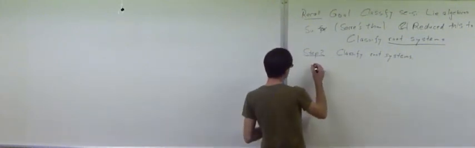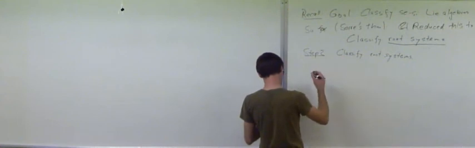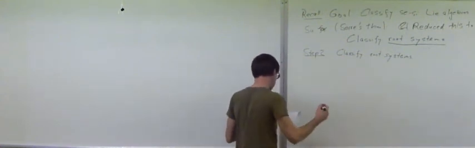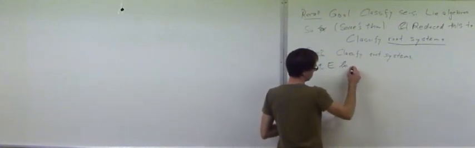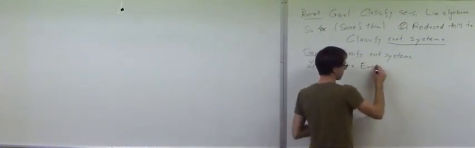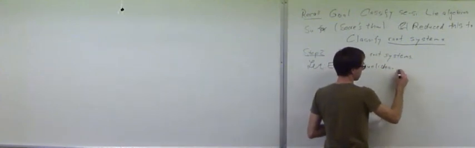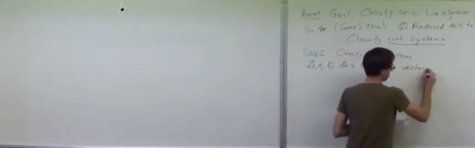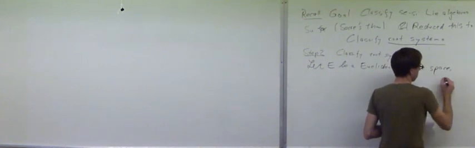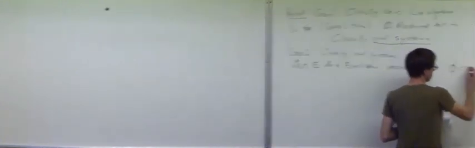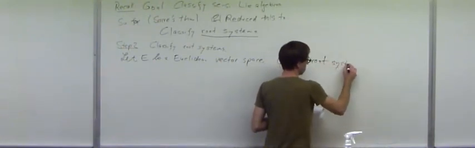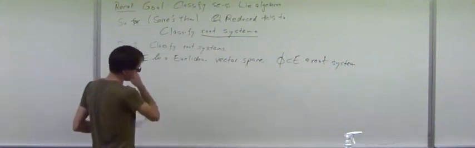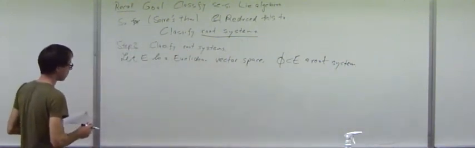Right, so say, now I have to reintroduce the notation. So we had E be a Euclidean vector space, and phi a root system. So just think of our famous hexagon or the other examples I showed last time.